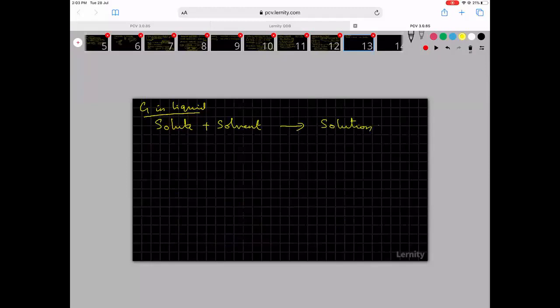Can you tell me if for this process delta S is positive or delta S is negative? In other words, if I have S1 as the total entropy here, S2 as the total entropy here, can you please tell me if S1 is greater than S2, S1 is less than S2, S1 is equal to S2, or nothing can be said?